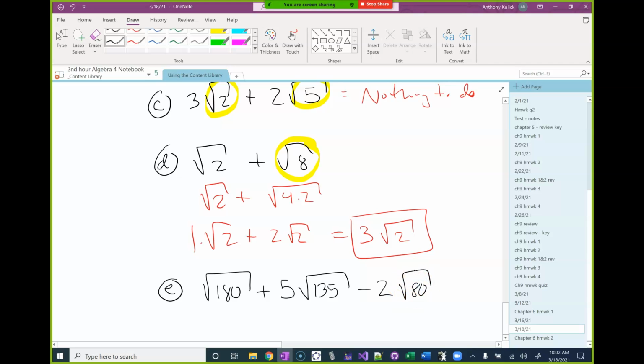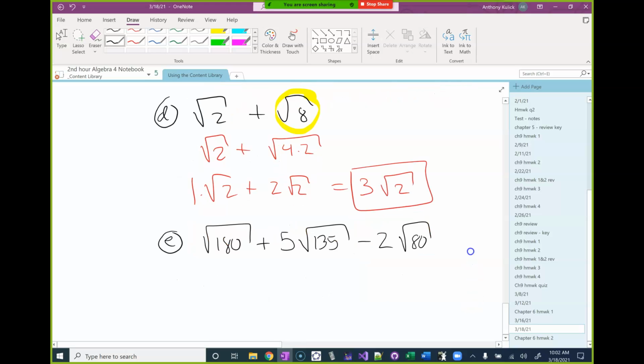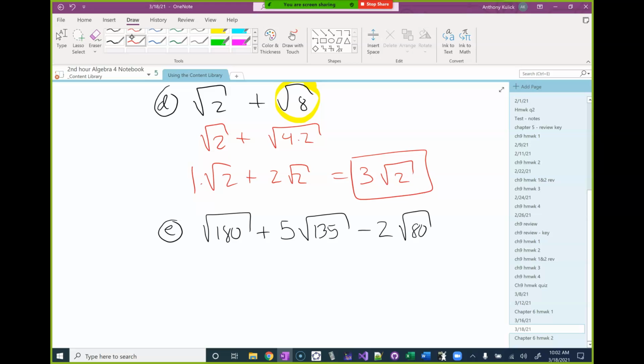So I'm going to start just by doing prime factorizations of these things because looking at them, I don't see any obvious perfect square multiples in there right off the bat. If I can't see it right away, I'm just going to go to the prime factorization because it's probably going to be the same amount of time as searching for the perfect squares.